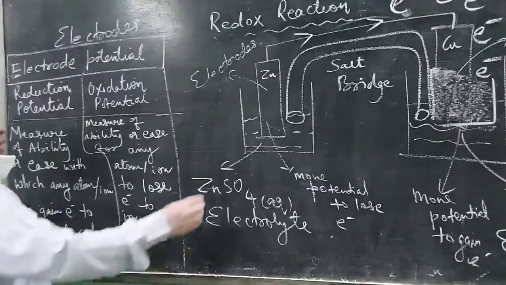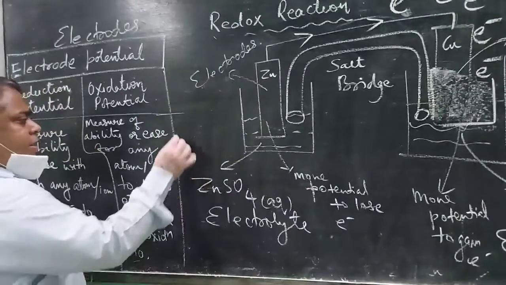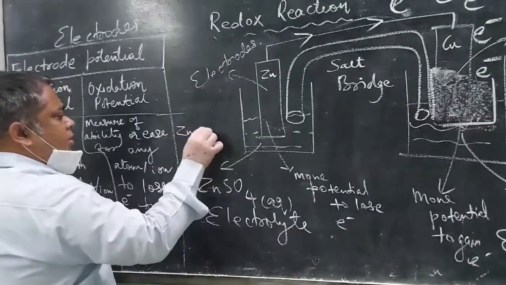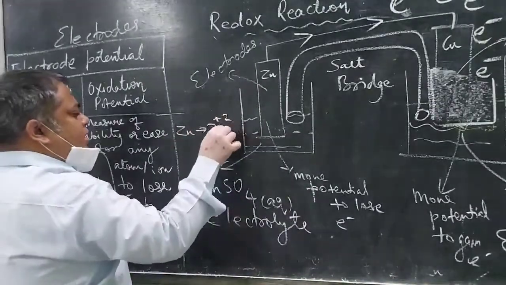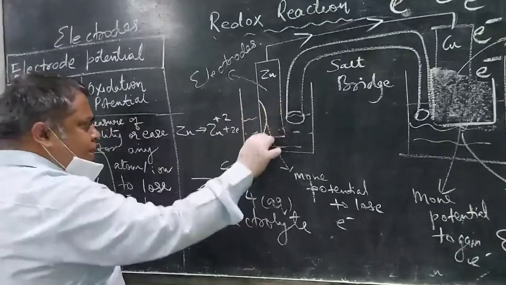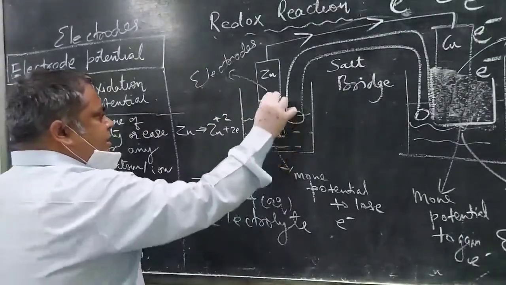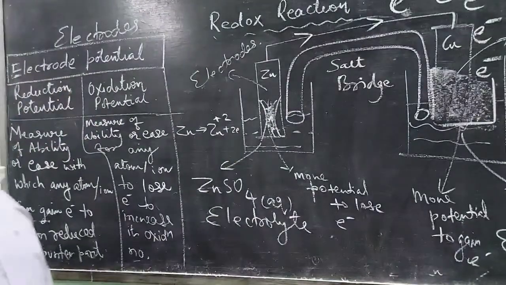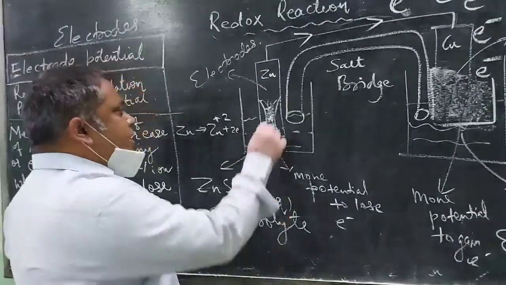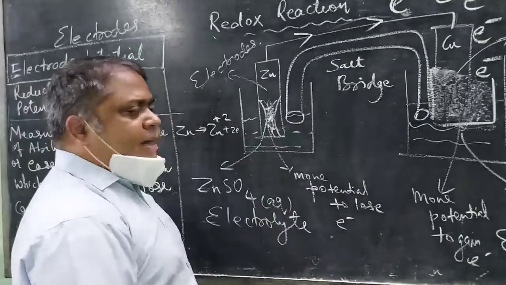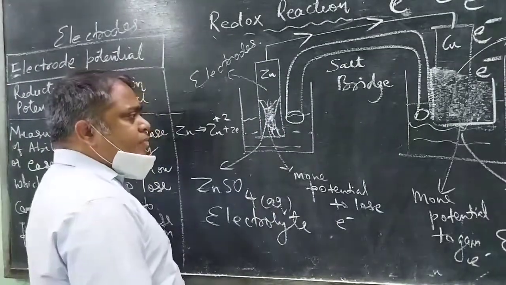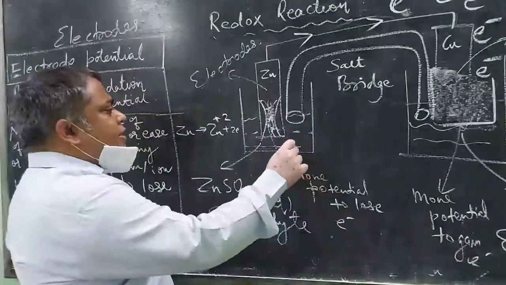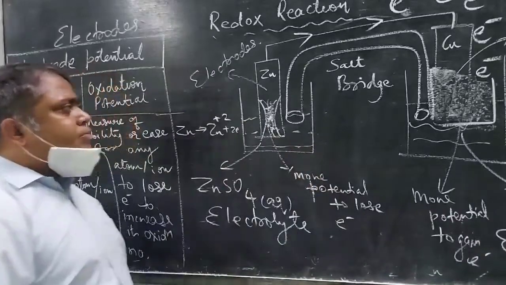Whereas since zinc is losing electron, it will become thinner and thinner. This reaction will keep on happening until zinc is completely perished away or the solution is not left over anymore.